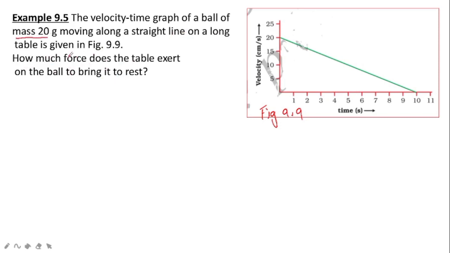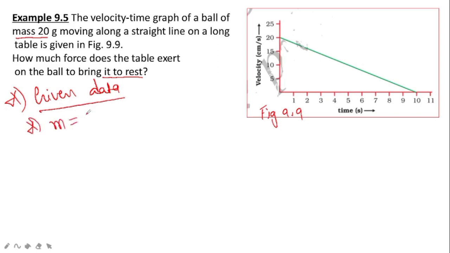So we have mass and bring it to rest, that is final velocity. So then by using this picture we have to find the data first. So what are the given data here? So the mass, that is m equal to 20 gram.